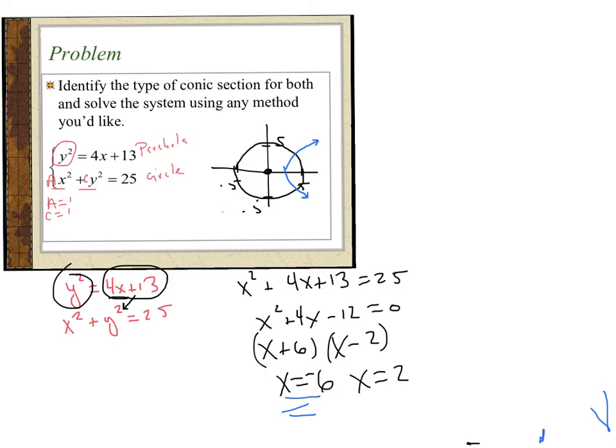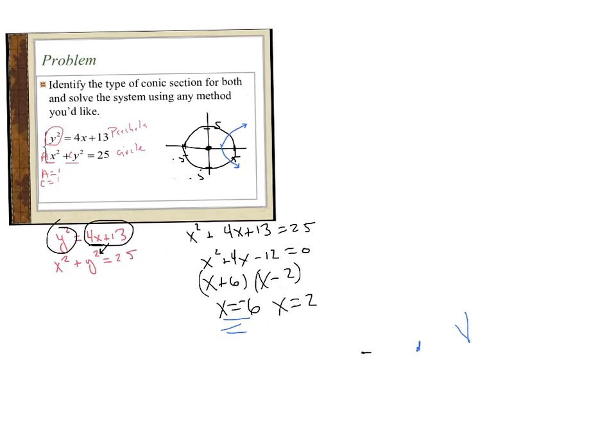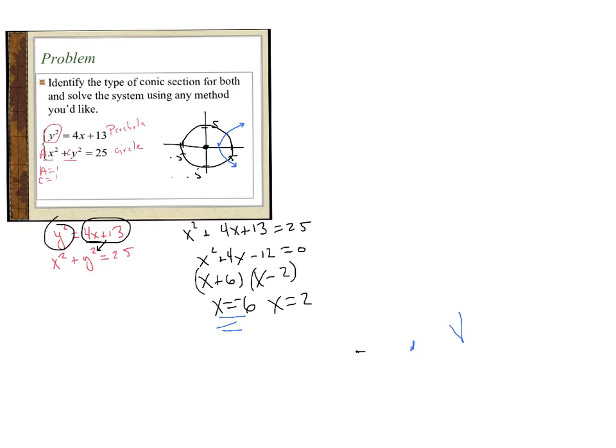So we have two x values. We need to find our y values. Let's go ahead, shrink this down a little bit, and let's plug in the negative 6 and see what happens. I'm going to use the y squared equation because that's set up to solve for y right away. So when I plug in that negative 6, I get a negative 24 plus 13 for y squared. Oh, look and see what happens here.